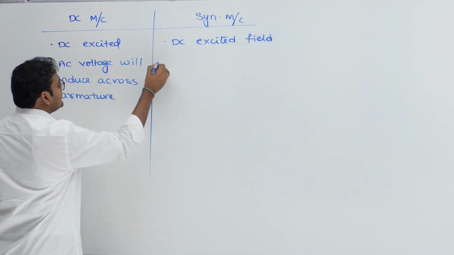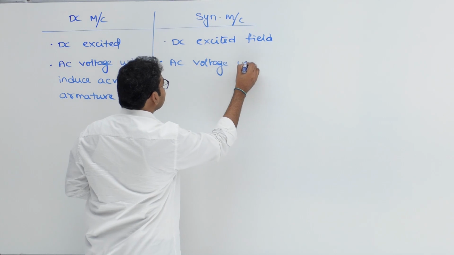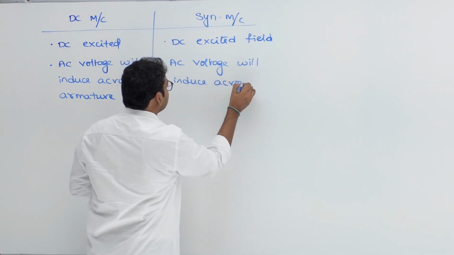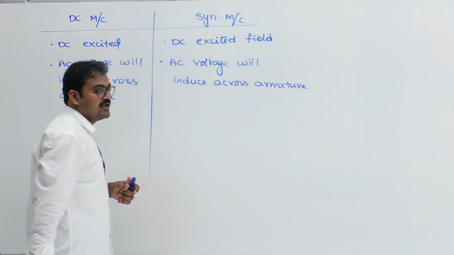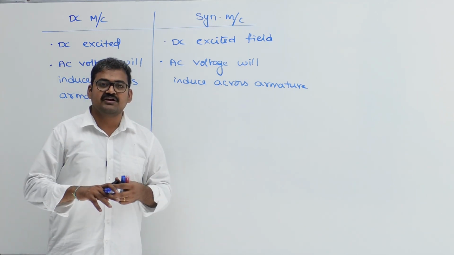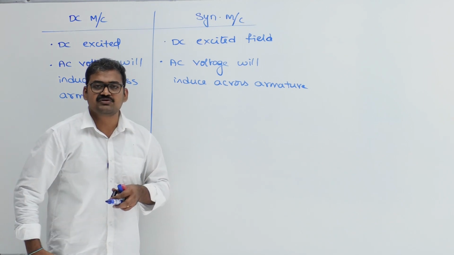Similarly, in a synchronous machine also, AC voltage will be induced across the armature circuit, or armature conductors. So the field is a DC field, that means a time invariant field, but when the conductor is rotating, definitely AC voltage will be induced across it.